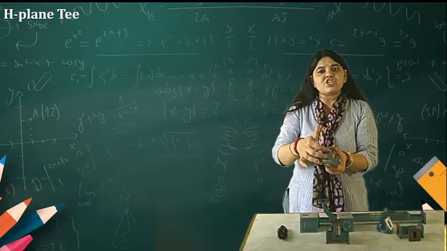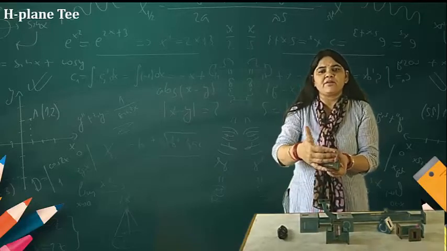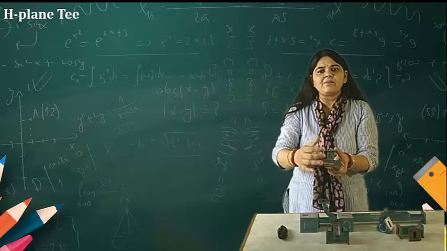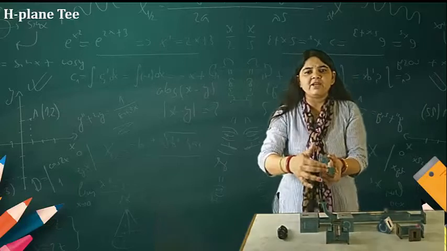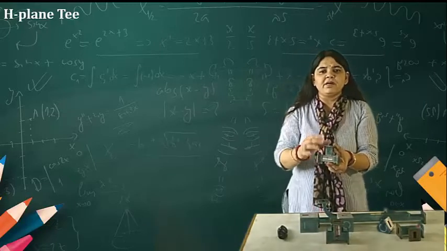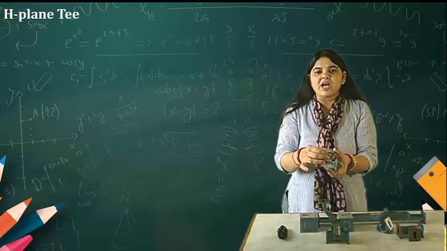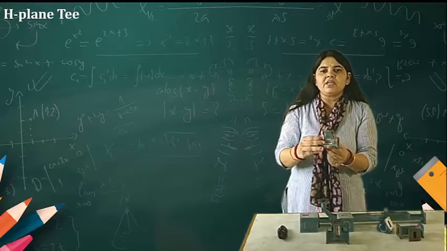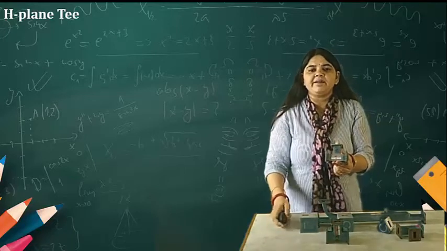Because this H arm is parallel to the collinear arm, and it is in the side of the magnetic field. So this is the H arm.